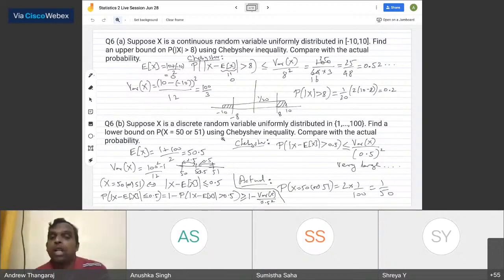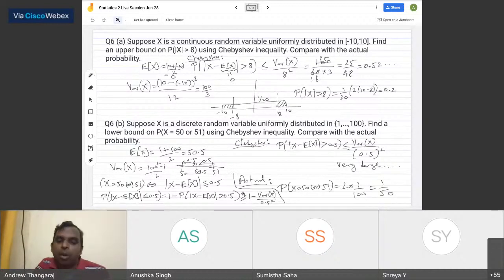This is an important thing. You can also get a lower bound on probabilities using Chebyshev inequality, but it needs to be of the form mod X minus E of X less than or equal to something. If you rewrite the probability as mod X minus E of X is less than or equal to something, then you will get a lower bound on the probability. Here we get a trivial bound.